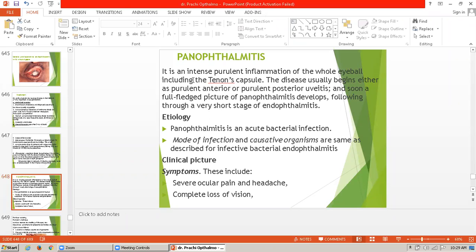Panophthalmitis is defined as an intense purulent inflammation of the whole eyeball, including the Tenon's capsule.